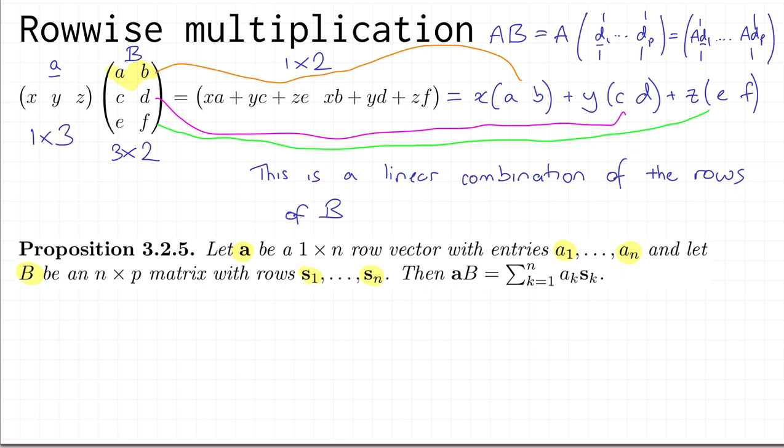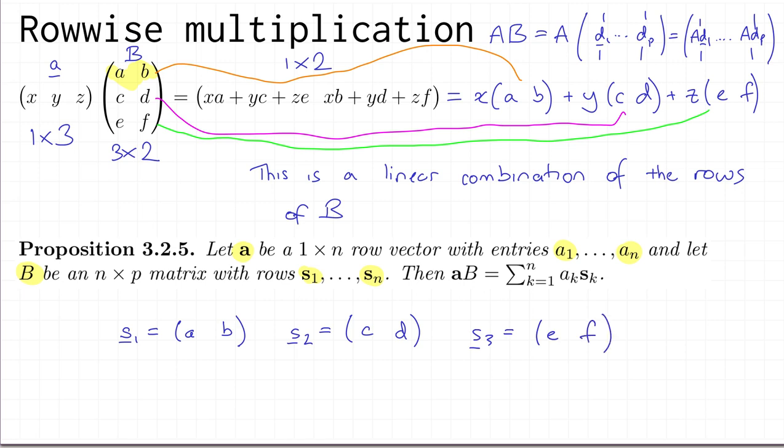Then the product A times B is equal to a linear combination of those rows, where the scalars in that linear combination are the entries of the row vector A. So just to spell out what's going on with this notation, in our example above, S1 would be the first row of B, which was the 1 by 2 row vector AB, and S2 would be the second row of B, which is the row vector CD, and S3 would be equal to EF.